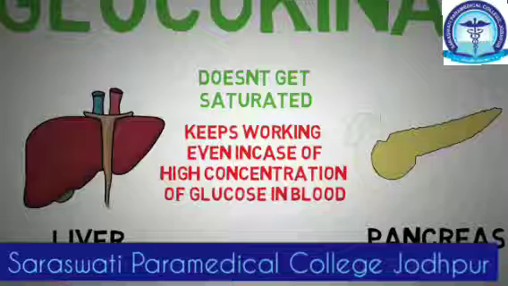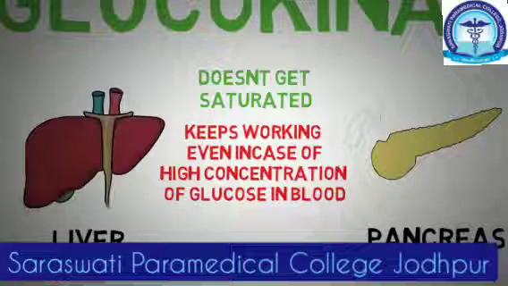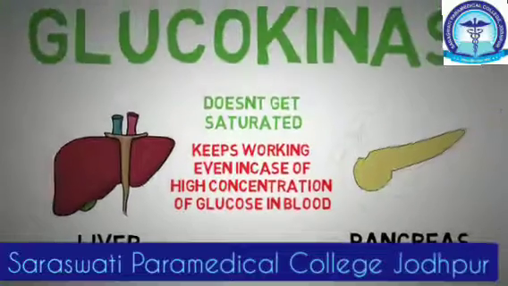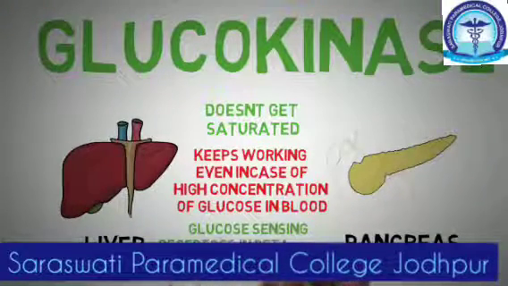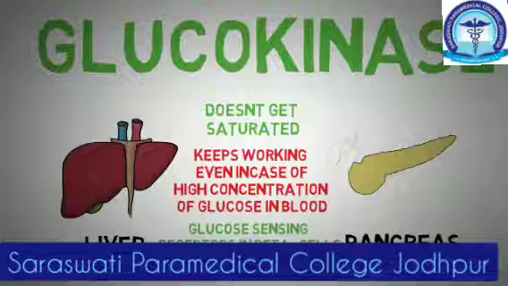This is important because large amounts of glucose are released from the gut after a meal and go directly to the liver through the portal vein. The presence of such an enzyme that doesn't get saturated easily allows our liver to prevent excess glucose from entering our systemic blood circulation. In the pancreas, glucokinase is a part of the glucose sensing mechanism present in the beta cells of the pancreas.